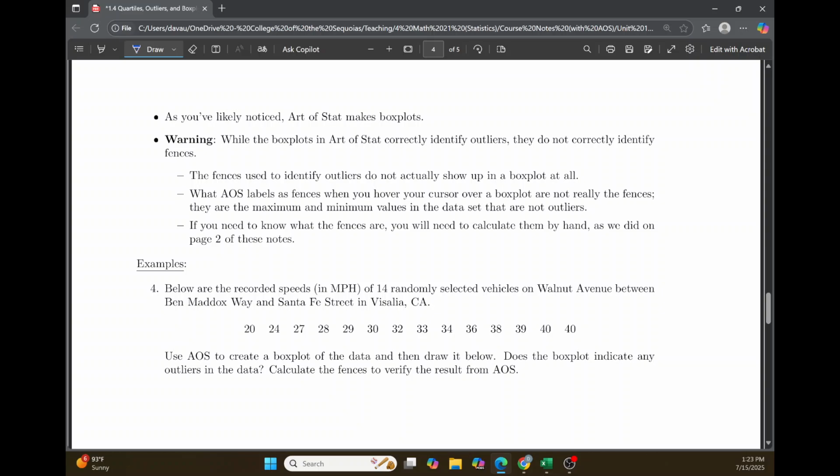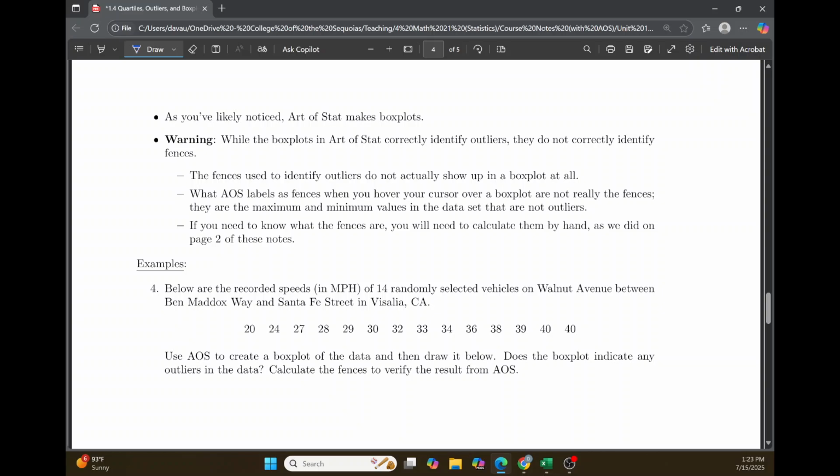But it'll also label the whiskers as fences, and that's not always exactly true. What Art of Stat is labeling as fences are really the maximum and minimum values in the data set that are not outliers, which isn't the same thing as fences. The fences actually don't show up at all in the picture.